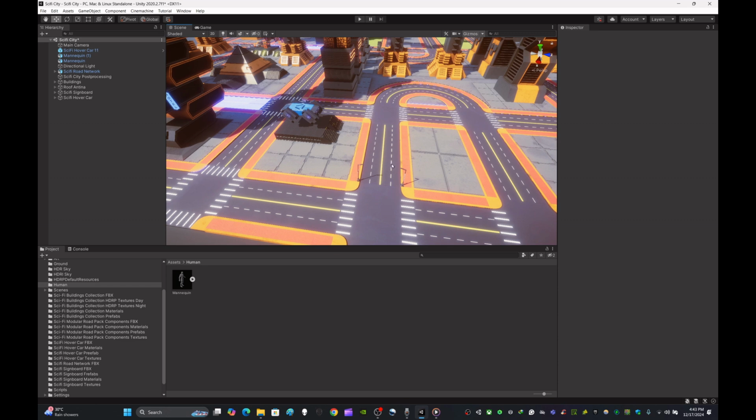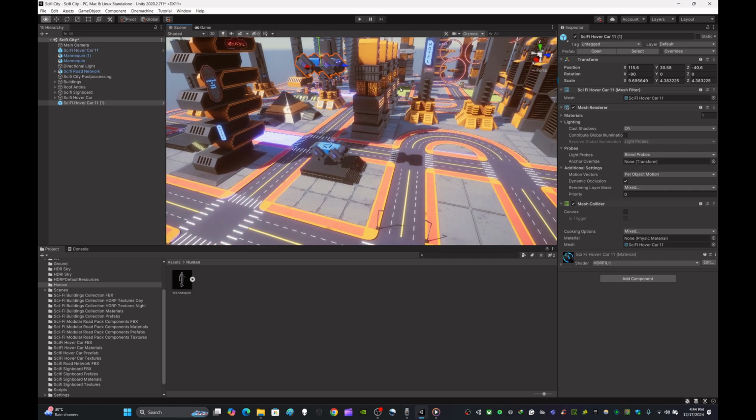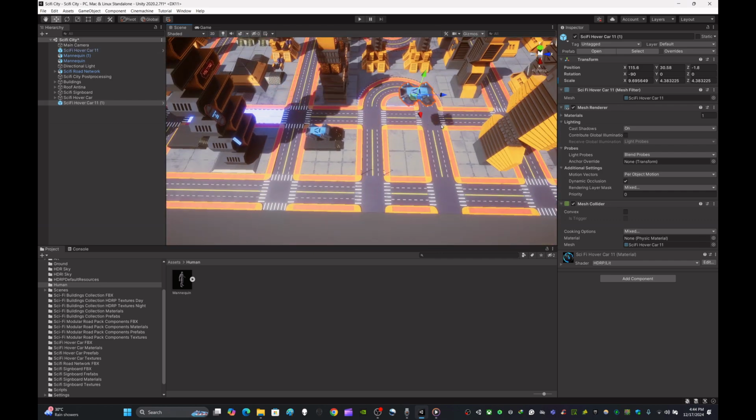So they are like a platform, as I mentioned earlier, like a space platform. Okay, this one, copy several times.